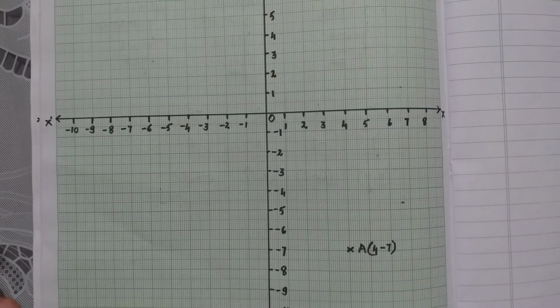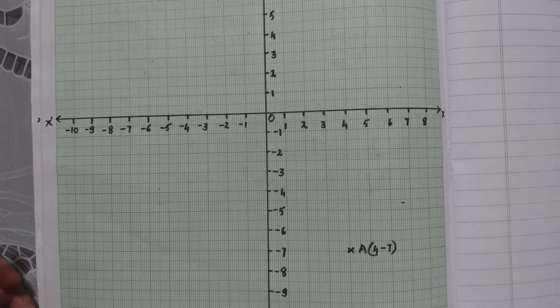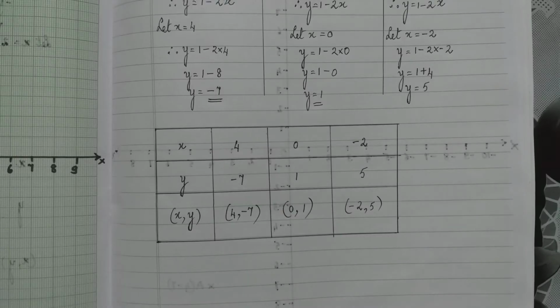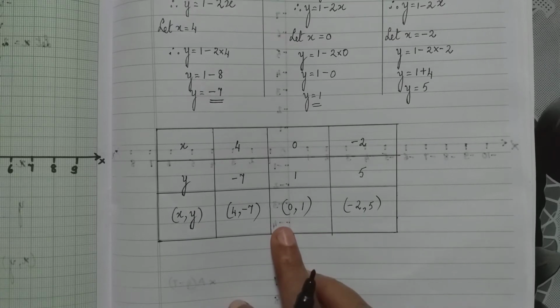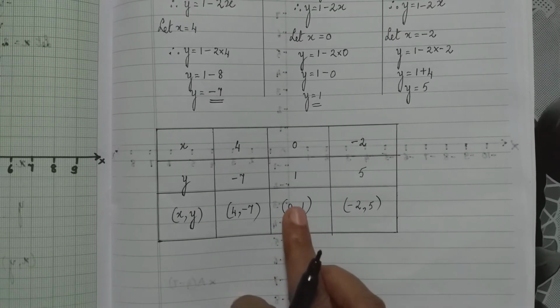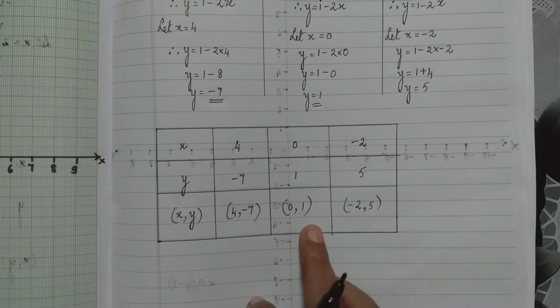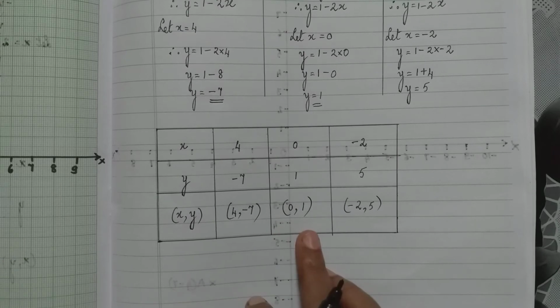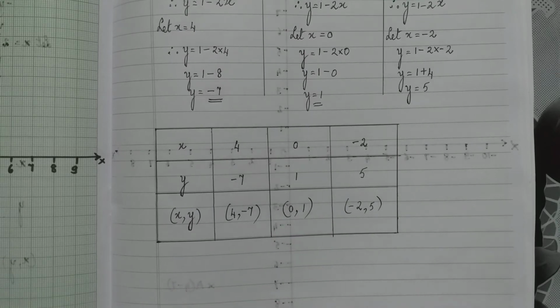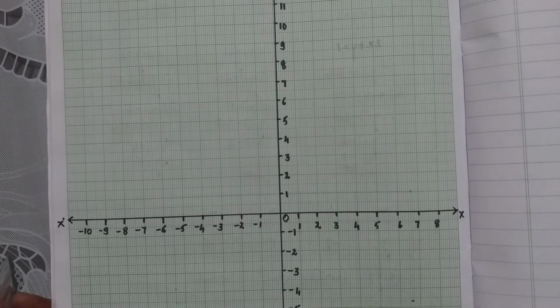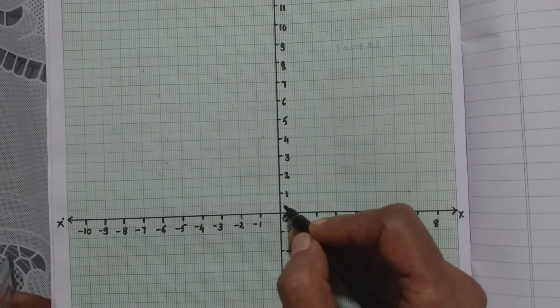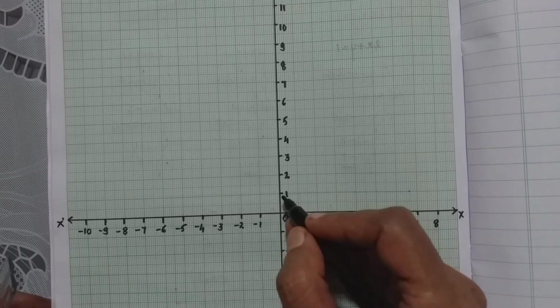Now we will see which is the second coordinate. Here the second coordinate is 0 comma 1. When the x coordinate is 0, where does it lie? On the y-axis. So we see 0 comma 1 on the graph: 0 on the x-axis and 1 on the y-axis.